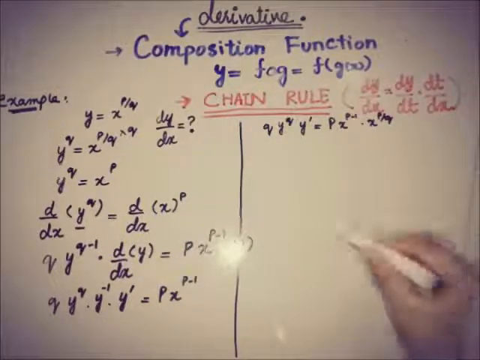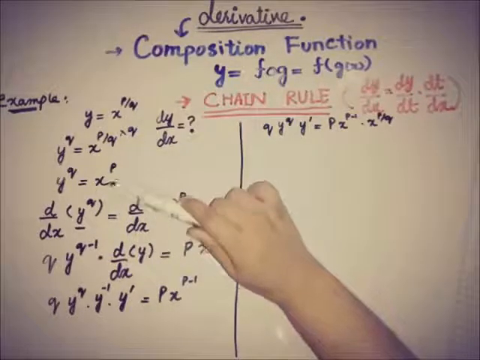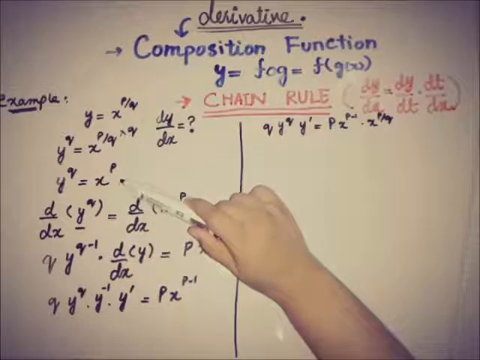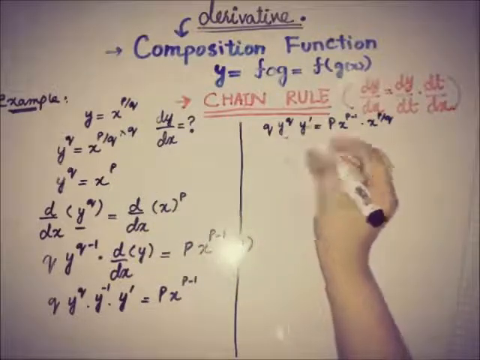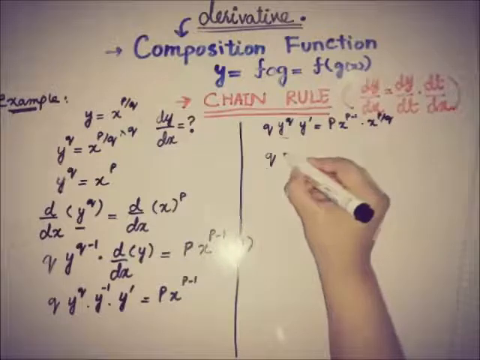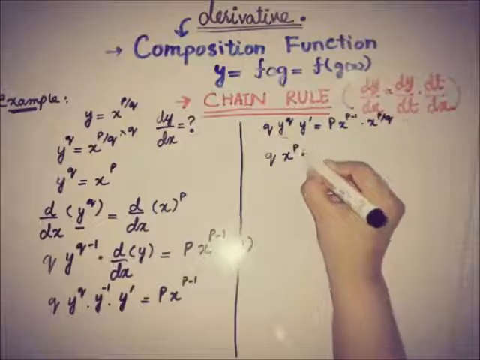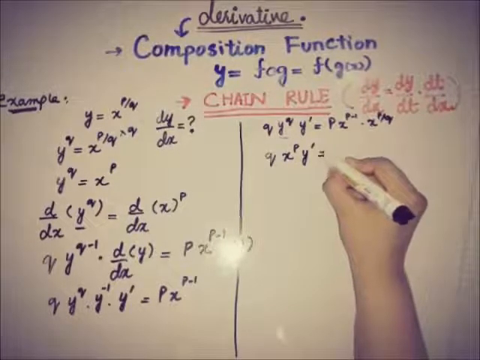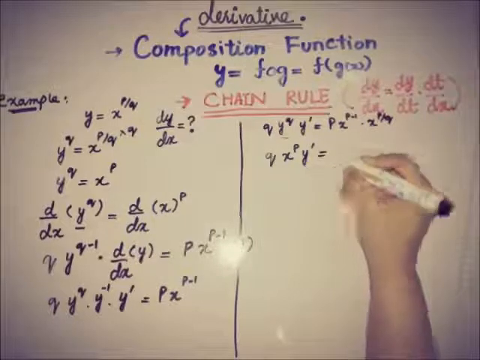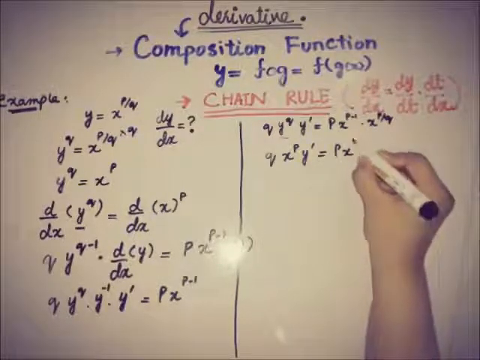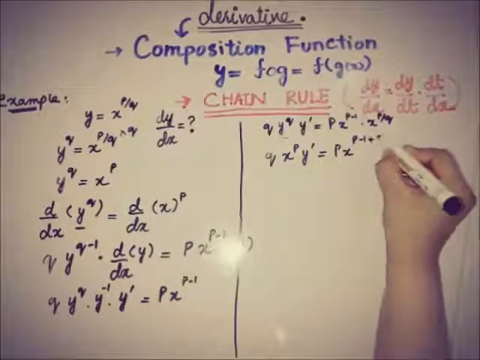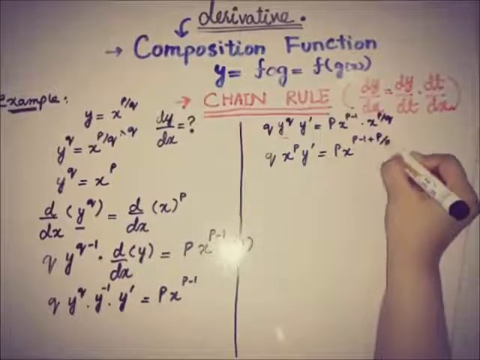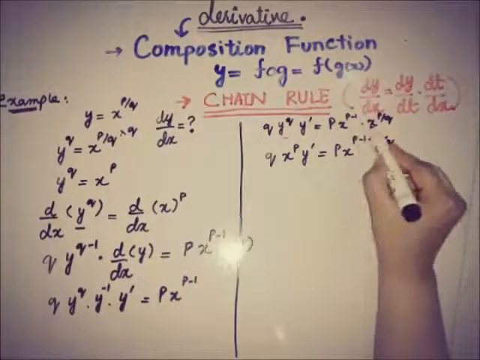Now using the value of y to the power q is equal to x to the power p here, this is q x to the power p y prime, that is the rate of change of y with respect to x, equal to p x to the power p minus 1, and we can combine it with x to the power p by q because of the same base.